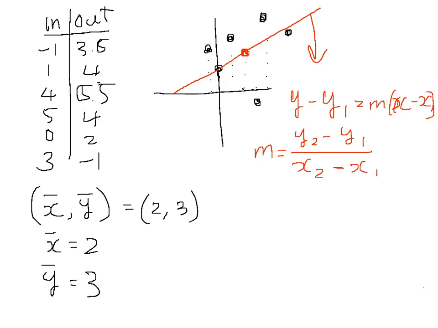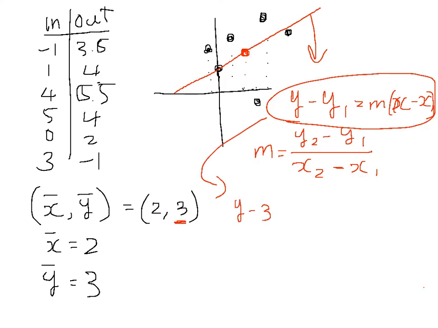Then we multiply, and we get this formula. So we're going to use this formula. Y sub 1 in this case is 3, so we have y minus 3 equals m times x minus x sub 1, which in this case is 2.